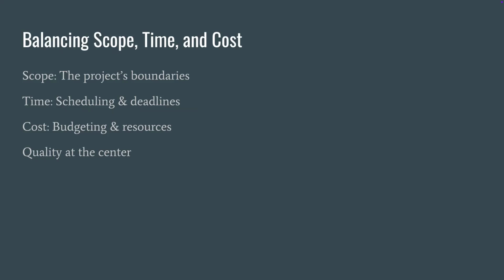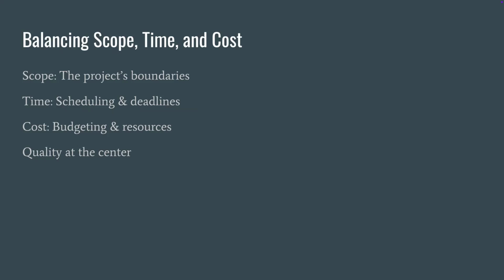Time. Every project has a schedule. So the challenge for project managers is ensuring tasks are completed within the agreed upon timeline. Delays can cascade, causing additional cost and affecting quality. And lastly, cost.